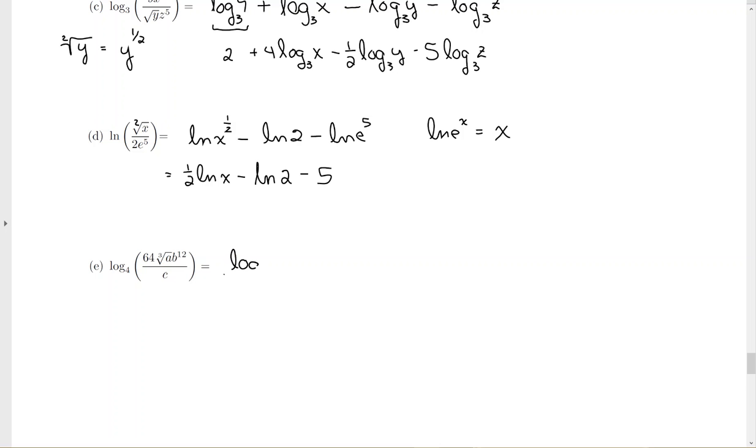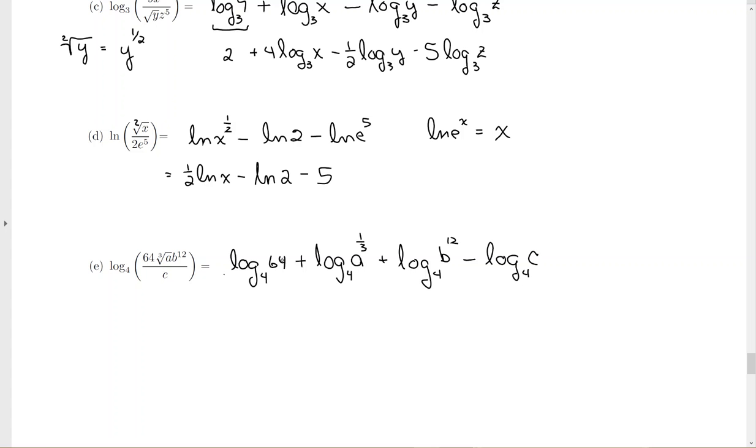So log base 4 of 64, that's a number one that I'm going to have to check, plus log base 4 of a to the, let's not write it as a radical, but a fraction, 1/3 this time because it's a cube root, plus, and again, don't forget to put the base in, log base 4 of b to the 12th, otherwise I'm going to think it's log base 10, totally different thing, minus, because we're down below the line, log base 4 of c.